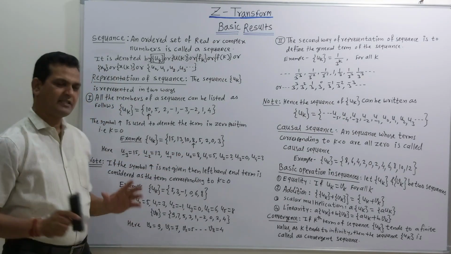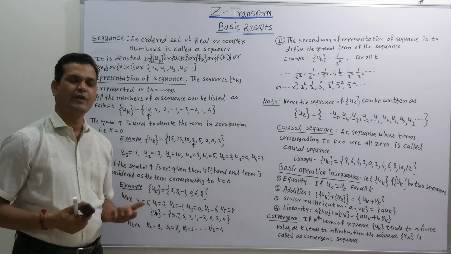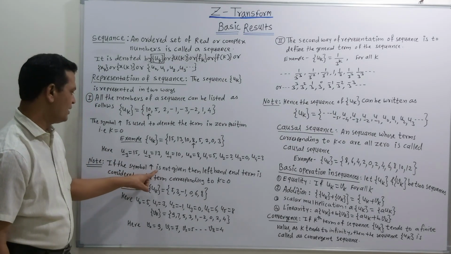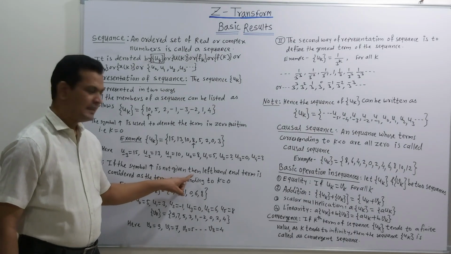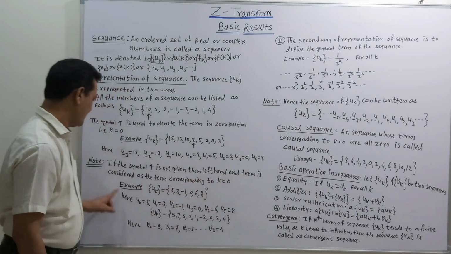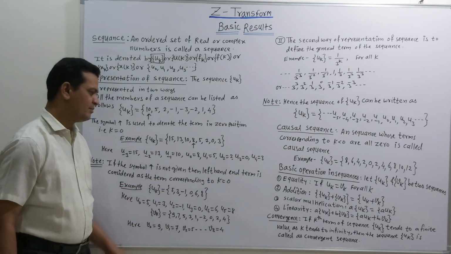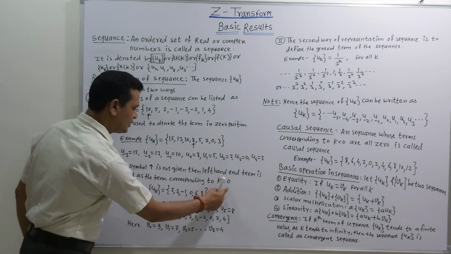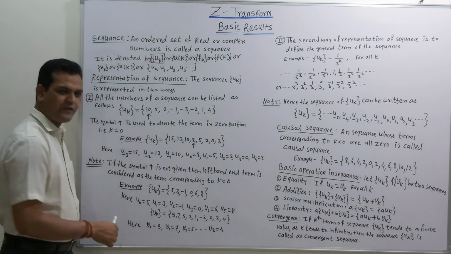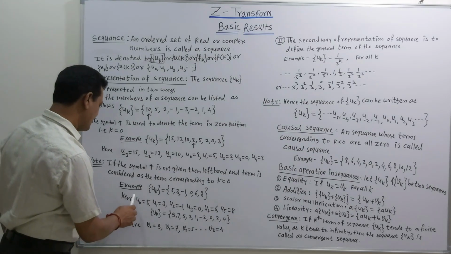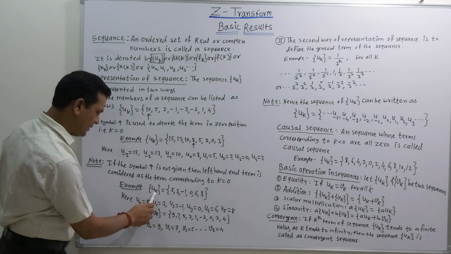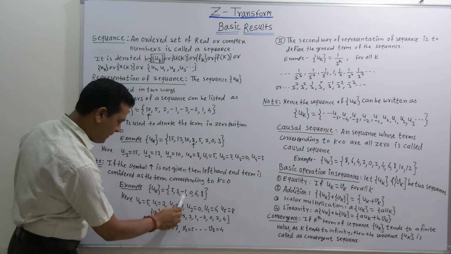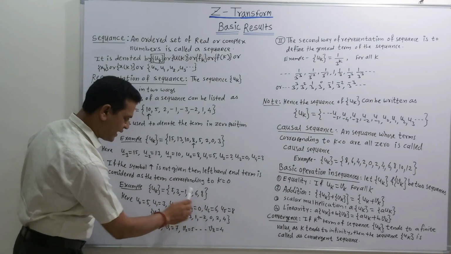But in some cases it may be possible that the arrow is not given in the example. If the arrow symbol is not given, then the left hand end term is considered as the term corresponding to 0th position, that means k equal to 0. For your understanding, here is one example. Sequence U_k is equal to 5, 3, minus 1, 0, 6 and 8.